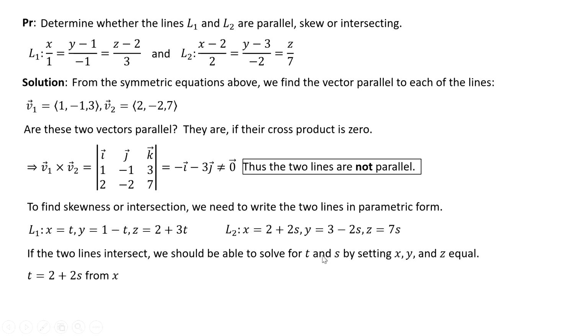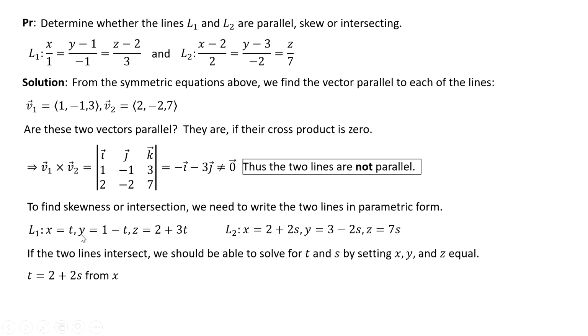Okay. T is equal to 2 plus 2s from x. Would you agree? T must be 2 plus 2s. Okay, now what? Use that value of t equals 2 plus 2s and figure out what y should be.